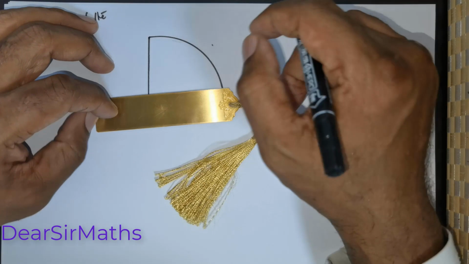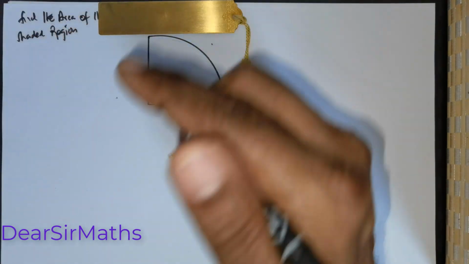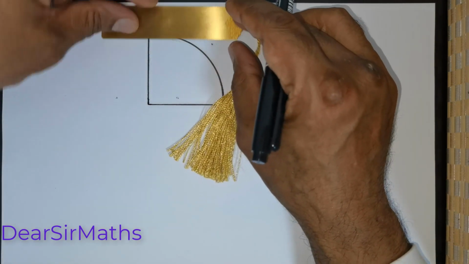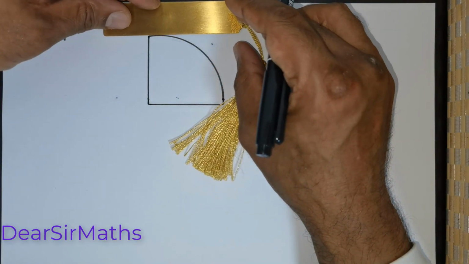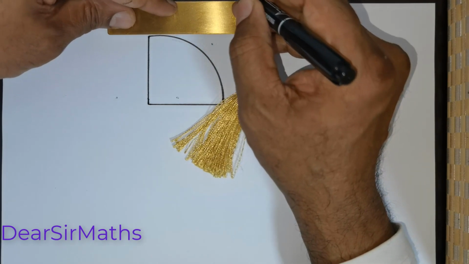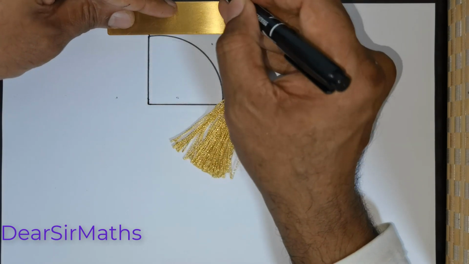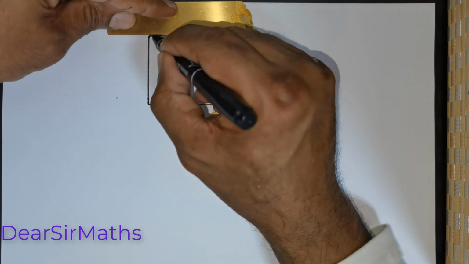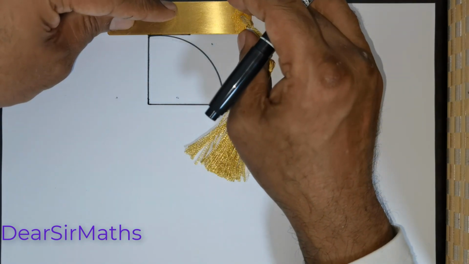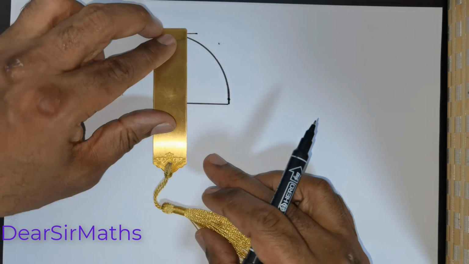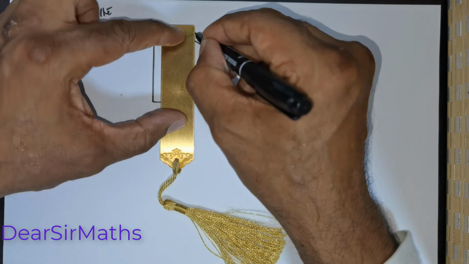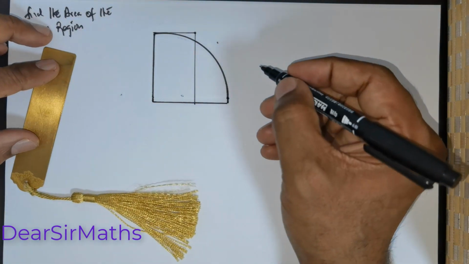So now what we got is a quarter circle, and then we have a rectangle. So I need to be a little bit careful in drawing the rectangle. Okay. That's a rectangle, and then okay, the shape is completed.